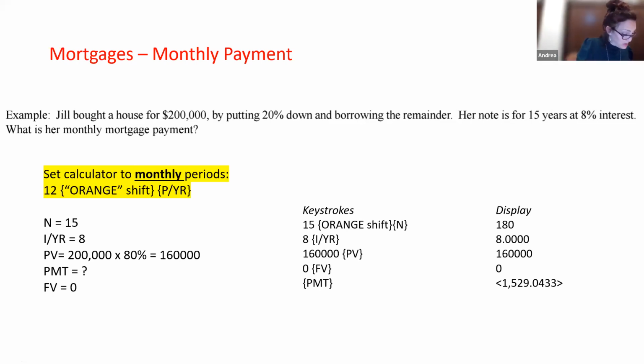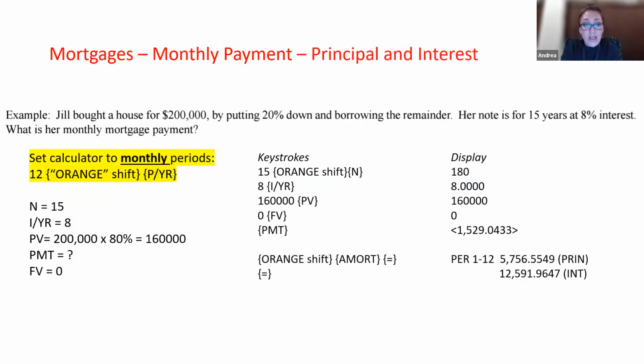Now, you might have a question that continues on with this that says, what is the principal and the interest? The way that you're going to figure that out is all the variables are the same, except if you look on your calculator, you have an amortization button, which is in the top right-hand corner.